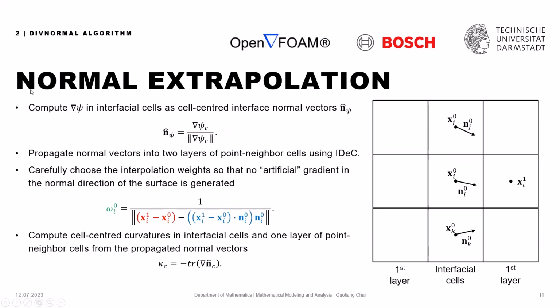So with the RDF we computed earlier, we take the gradient of it and we have the interfacial cell-centered unit normal vectors on the interfacial cells. Then we use the IDEC we propose to propagate it to the first layer of the point neighbors. But here we need to choose carefully, because we don't want any artificial gradient in the normal direction.